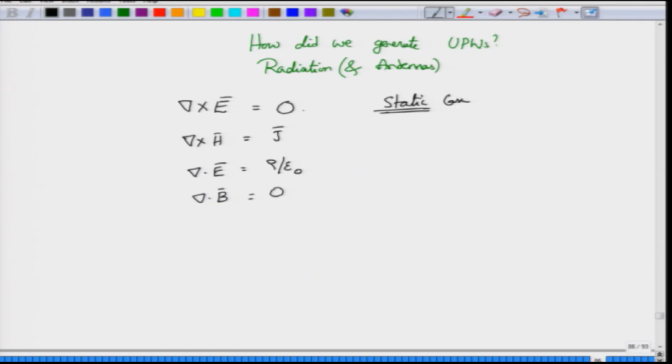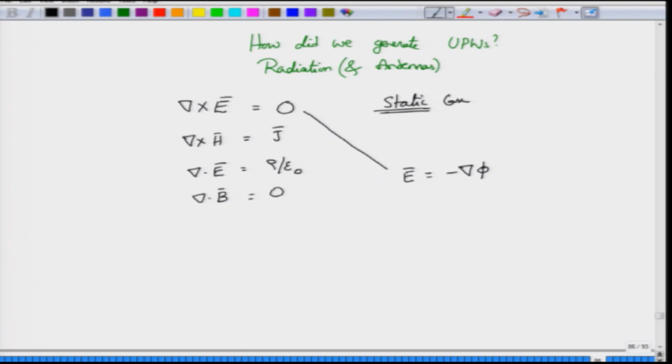Now, vector analysis tells us that if the curl of some field is equal to 0, and provided the field is continuous and satisfies certain conditions, then I can express that field as the gradient of a scalar function. I have put a minus sign because of the convention that we use for the electric field.